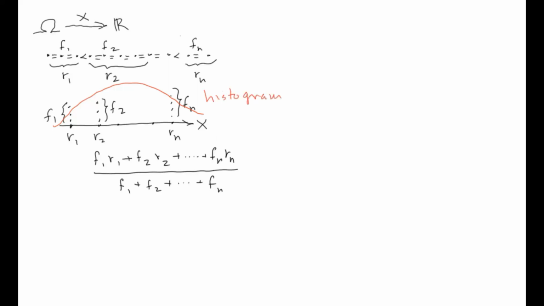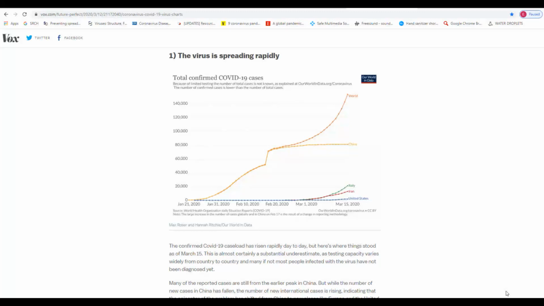Now, I've brought up some data about the coronavirus over here, and you can see as of, I think, March 15, worldwide cases are way over 140,000. In China, they got to 80,000, and look at this curve here, it levels off.